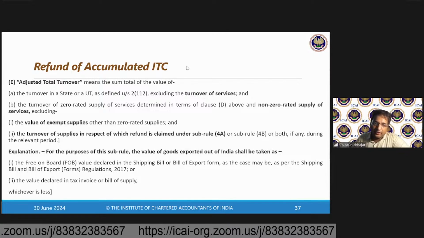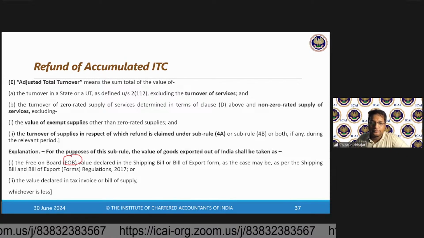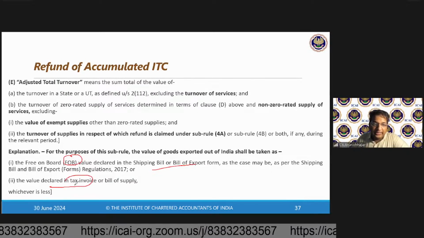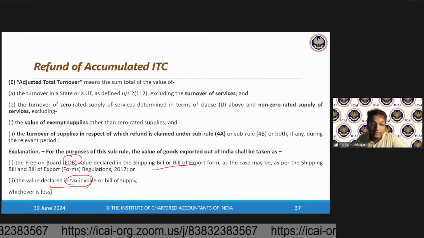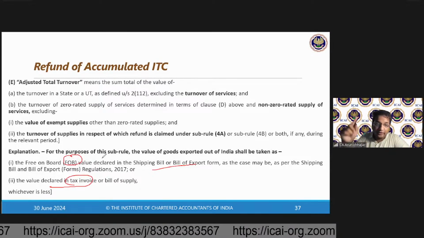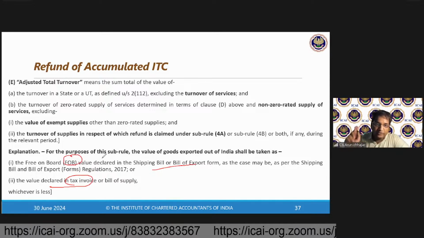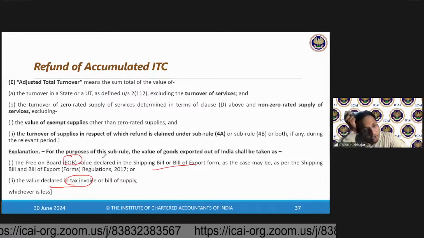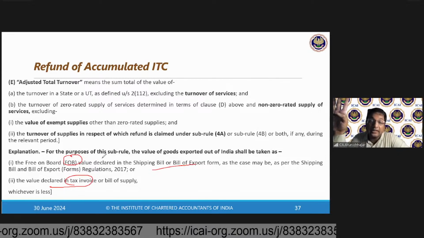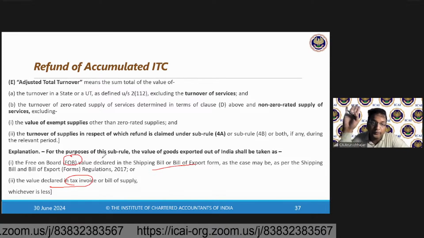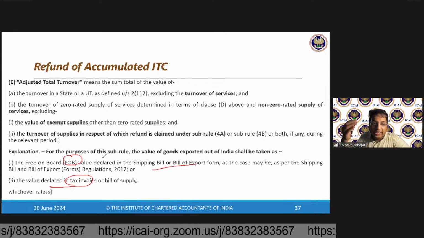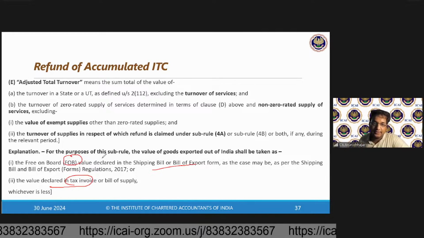And there is one explanation that if the FOB value declared in the shipping bill or bill of export and the value declared on the tax invoice, whichever is lower, so it means the value of the goods exported out of India will be taken as the lower of FOB or tax invoice. Suppose you are doing the export under the LUT route, and I am collecting the freight and the insurance.